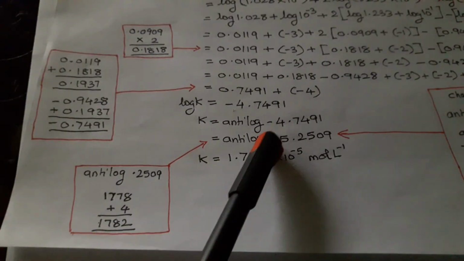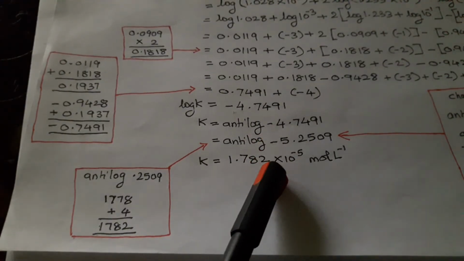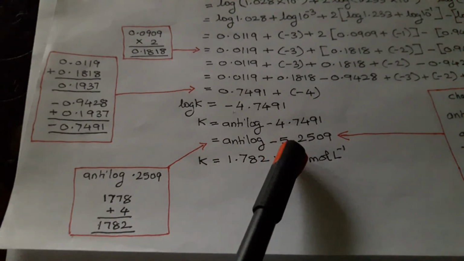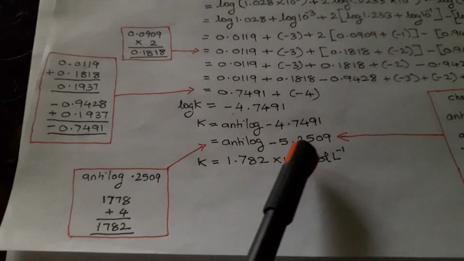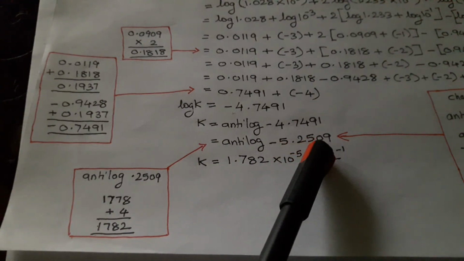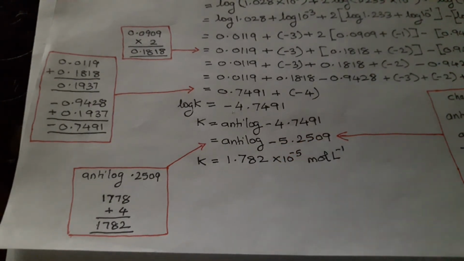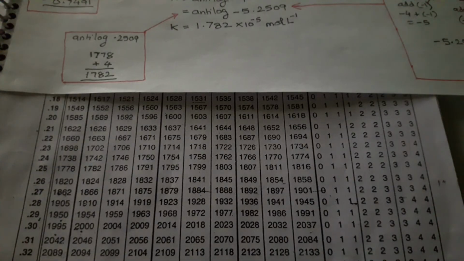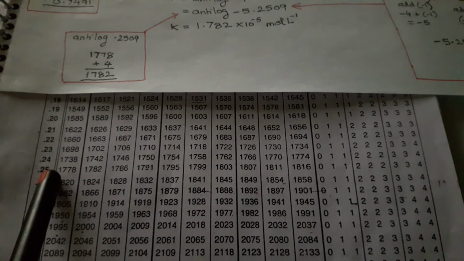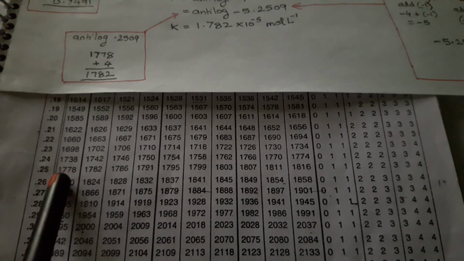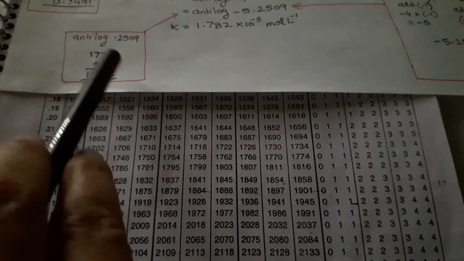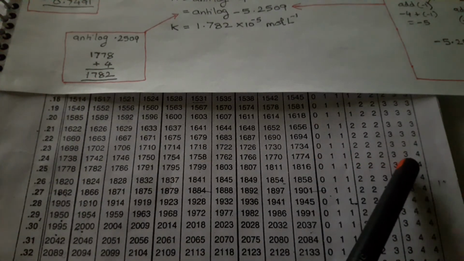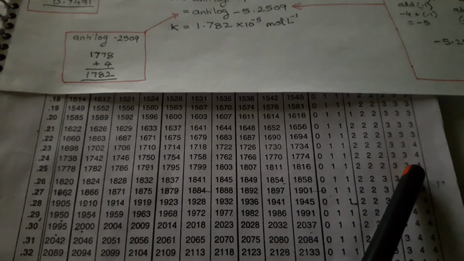Here the characteristic is minus 5, so we know that in the answer we have to write it as into 10 raised to minus 5, and in the anti-log table we have to see 0.25 under 0, mean difference 9. 0.25 under 0 is 1778. Here we have written, and mean difference is 4.